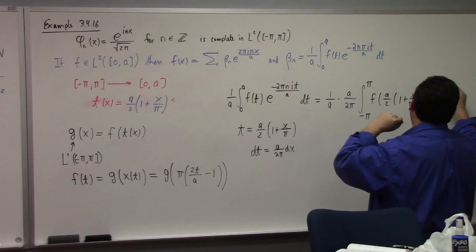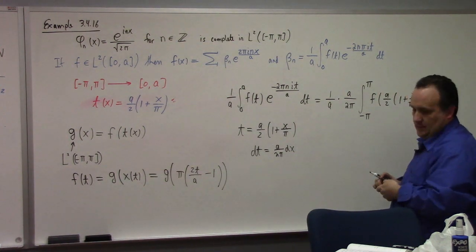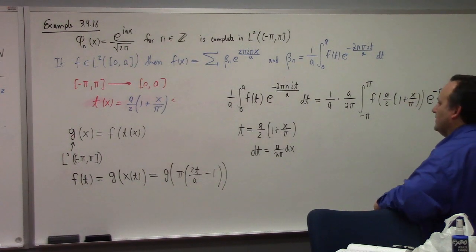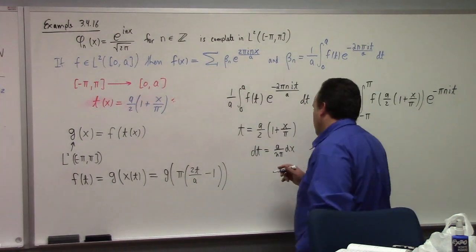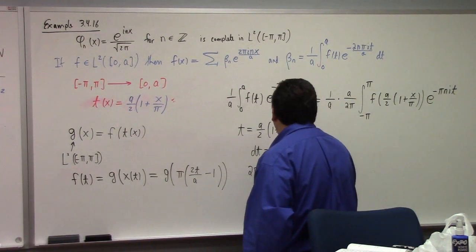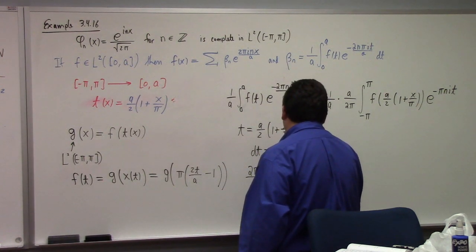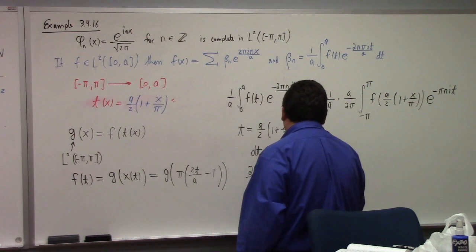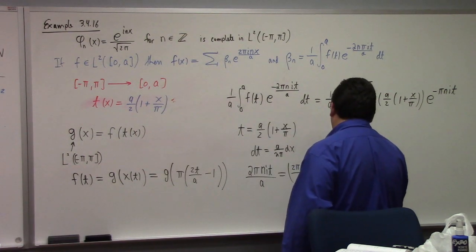Pi n i t, plus n i x, right? Because t equals a over 2 times 1 plus x over pi. Sorry, let me be careful here. Let me multiply it out. 2 pi n i t over a is equal to 2 pi n i over a times a over 2 times 1 plus x over pi.